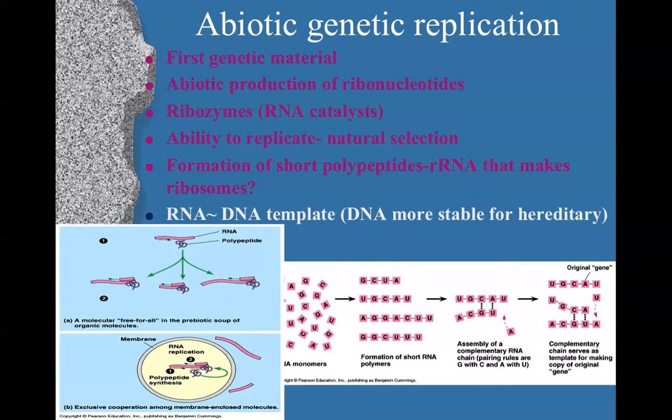And in fact, we do think that viruses probably played an important role in how these RNA sequences got into protobionts. We know that viruses can inject their genetic material into host cells.